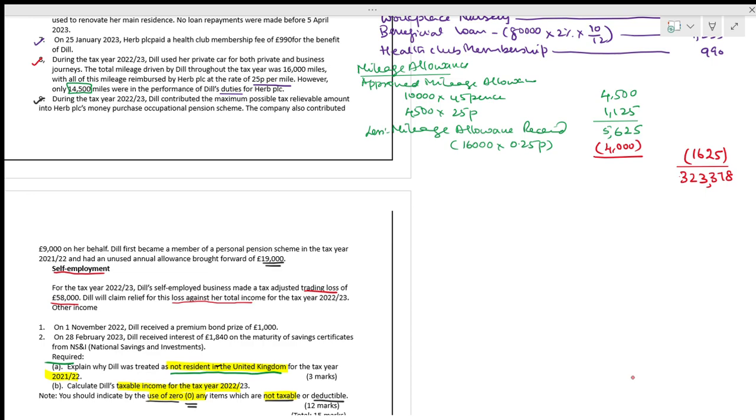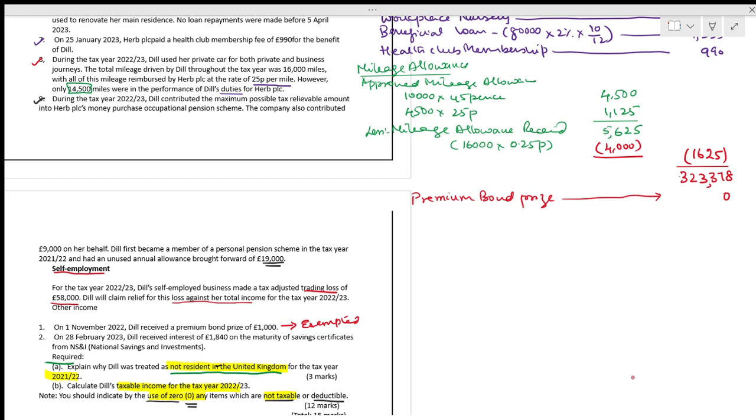On 1st November, Dill received a premium bond prize, which is exempted. Fine. Premium bond prize is exempted. How much is it? 0.